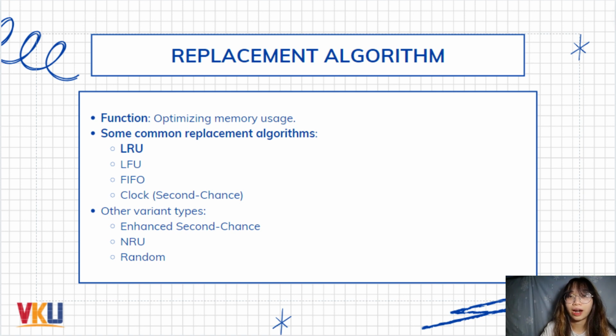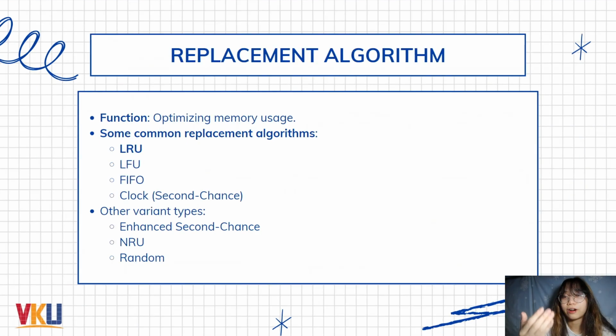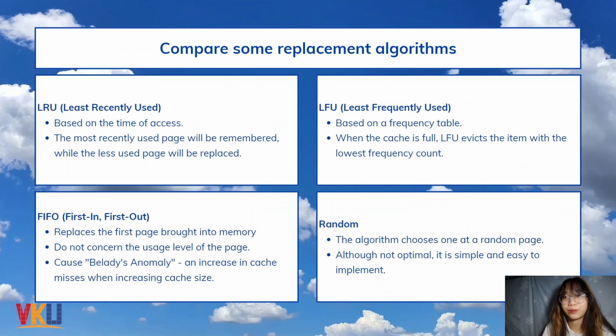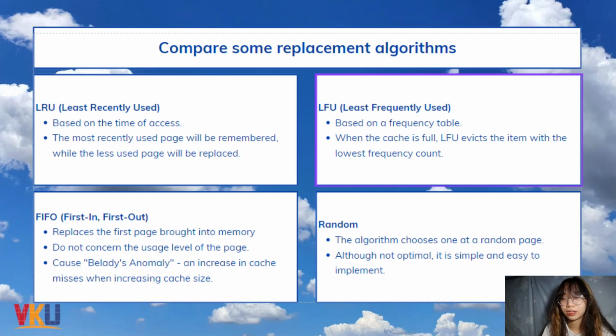They are the LRU, LFU, FIFO, the clock, or other variants like the enhanced second chance or the NRU, and the random. Over here, I compare some replacement algorithms, exactly the LRU, LFU, FIFO, and the random.